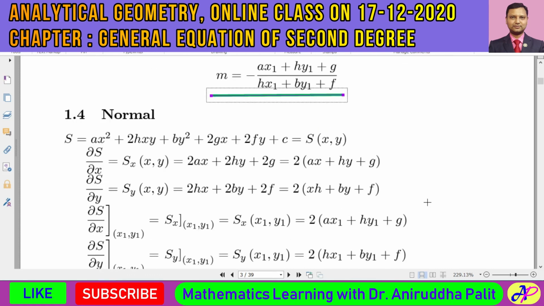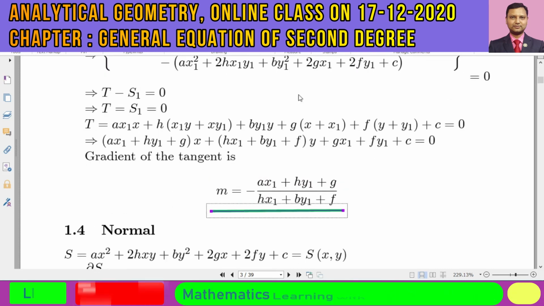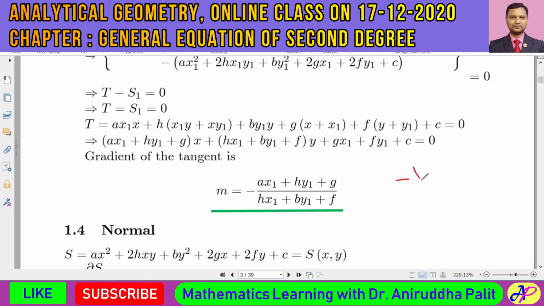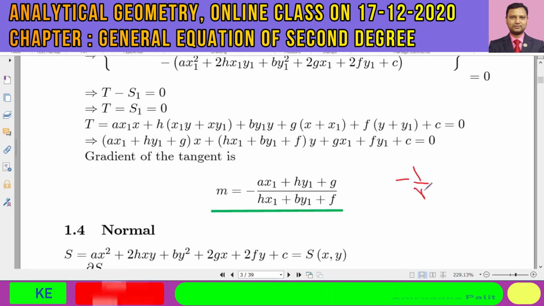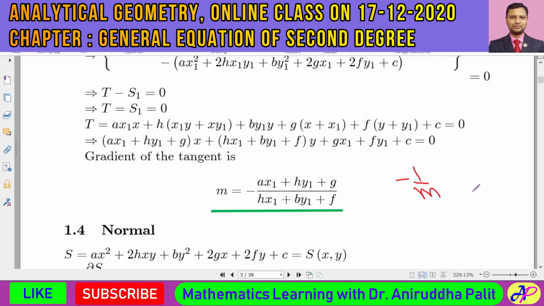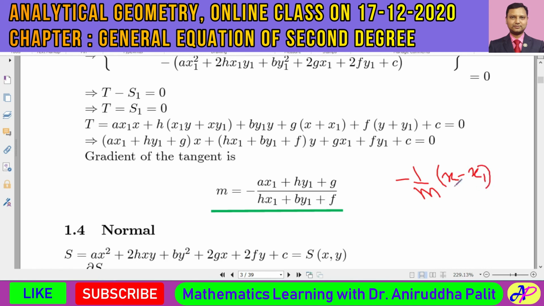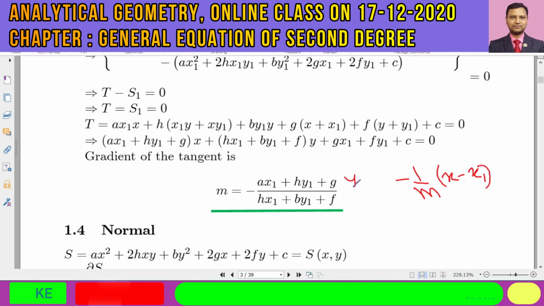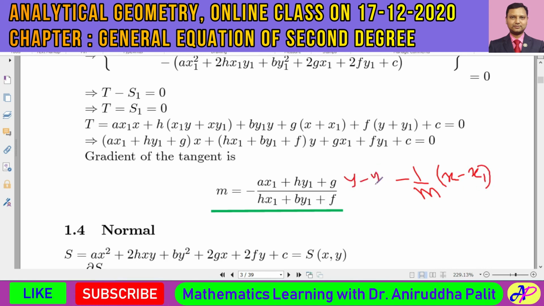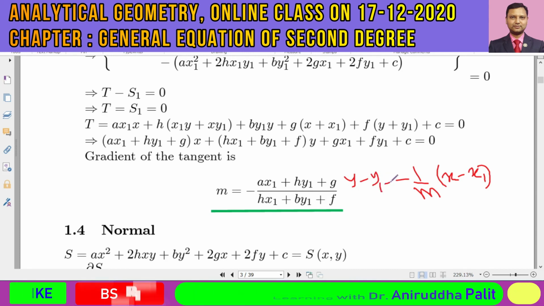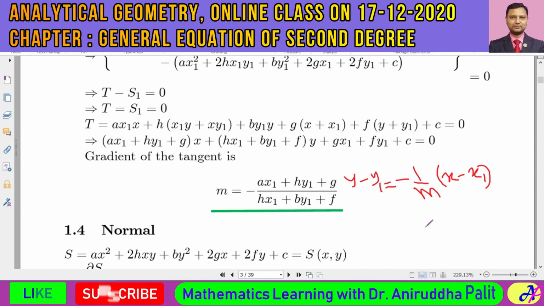Then what would be the gradient of the normal? The gradient of the normal would be equal to minus 1 by m. So what would be the equation of the normal? y minus y1 must be equal to minus 1 by m into x minus x1.